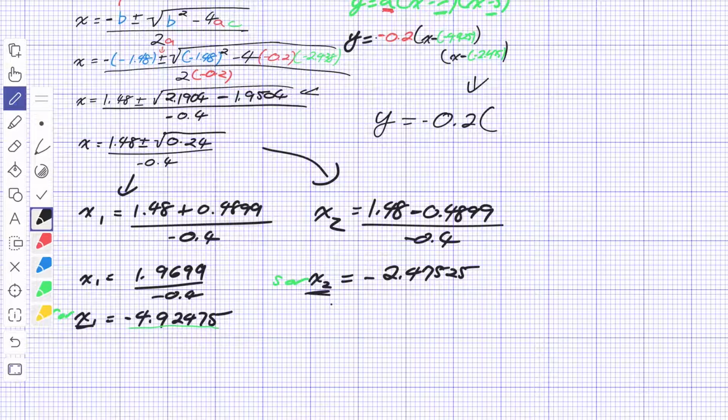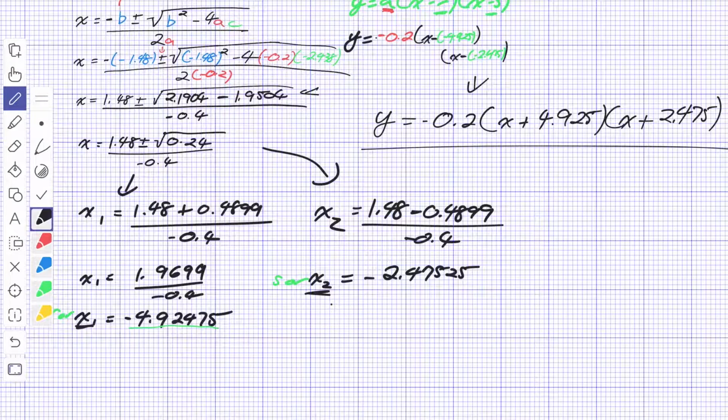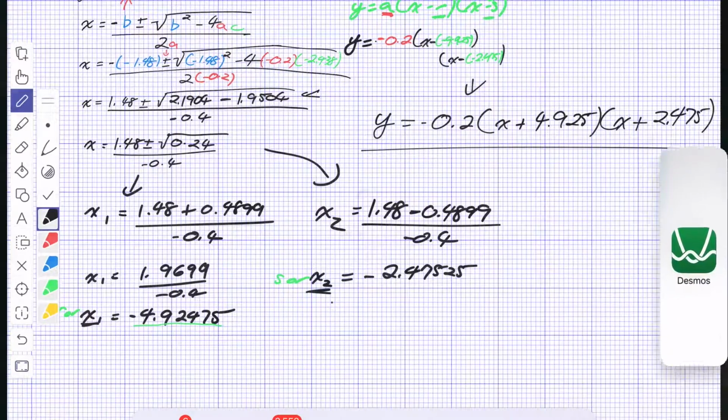Now, remember this is a negative of a negative. Do you know what that equates to in terms of an operator? Exactly. So it's going to be x plus 4.925, we said. x, and this is a negative of a negative again, plus 2.475. So now we have our factored form.